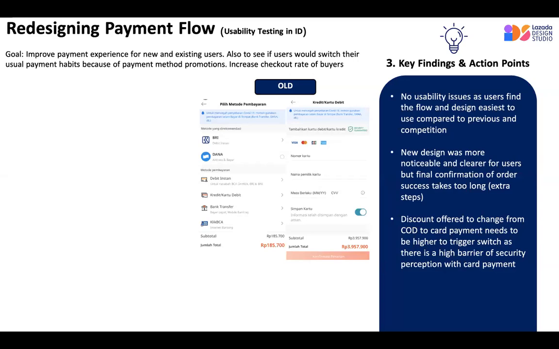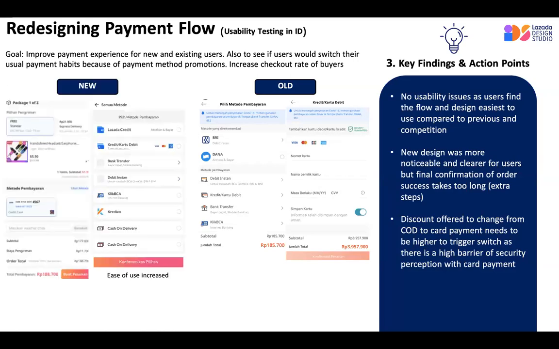We did not particularly find any usability issues, but we noticed that for the new prototype, there was a lot more ease of use. The new design was more noticeable, clearer, and the final confirmation of order success had some extra steps to it. So we redefined those as well.